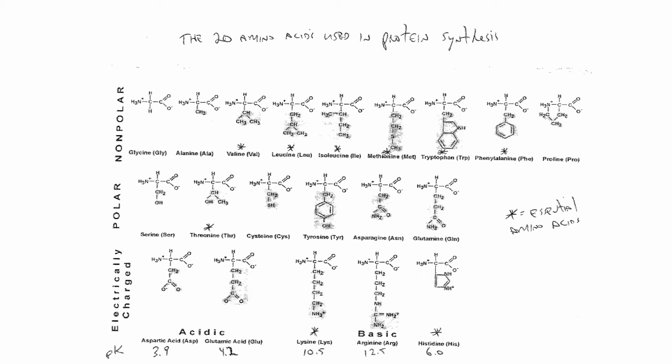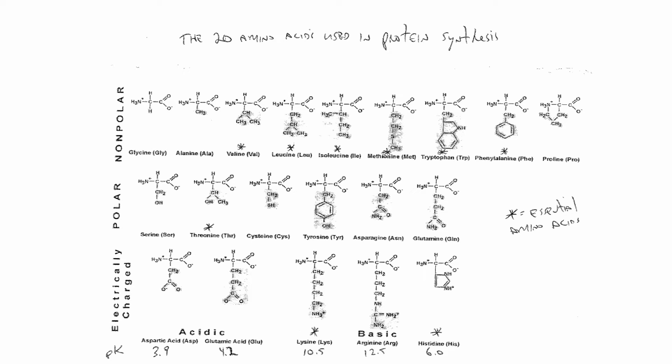Now we look down at the polar R groups, and same kind of thing. You look at the first one, serine, CH2OH is the R group. So you have that oxygen with the hydrogen, so that makes it polar. Again, you look at threonine, it's similar to valine, except it has an OH instead of a CH3. Cysteine, tyrosine with an OH, asparagine with an oxygen, which is polar, and NH2.